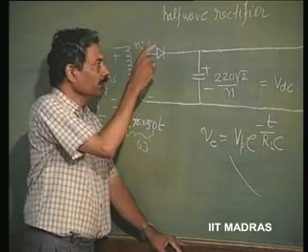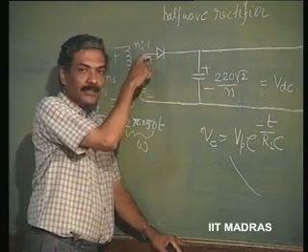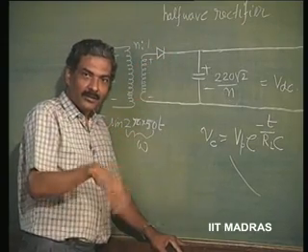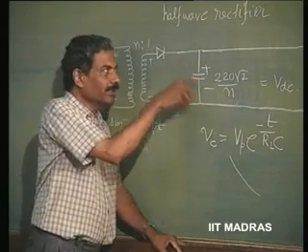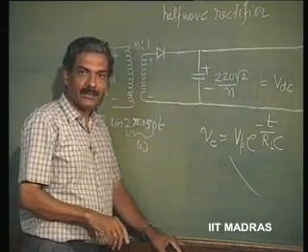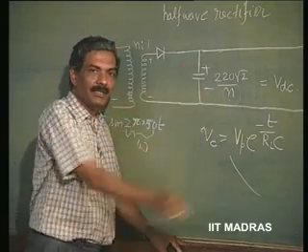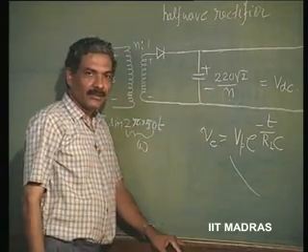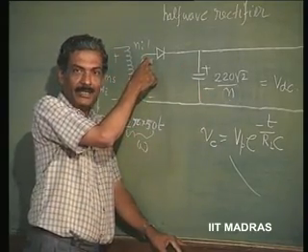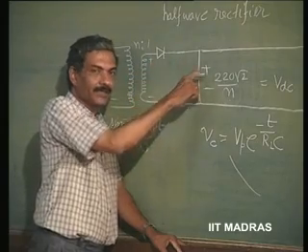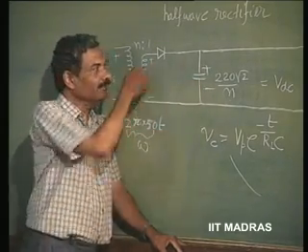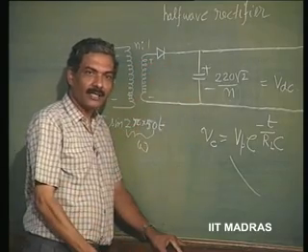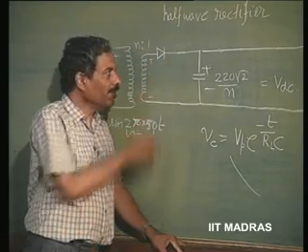If this voltage keeps on going lower and lower, then this diode is all the time reverse biased, and the capacitor will be keeping on discharging. If this voltage at any moment increases above the voltage of the capacitor, then the diode conducts and it starts charging the capacitor back to the input voltage.